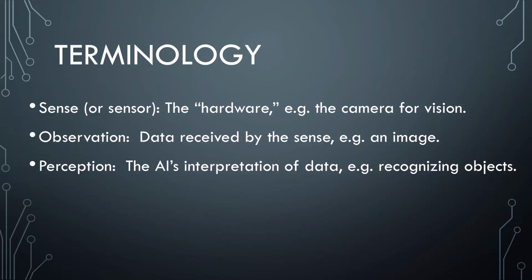And a note on terminology. In deep reinforcement learning, we hear the terms senses, observations, and perceptions. These terms seem almost interchangeable, but there are subtle differences. We can think of the sense or sensor as being kind of like the hardware, like the AI's camera that it uses as eyes, for example, or the low-level physics of light hitting the camera.